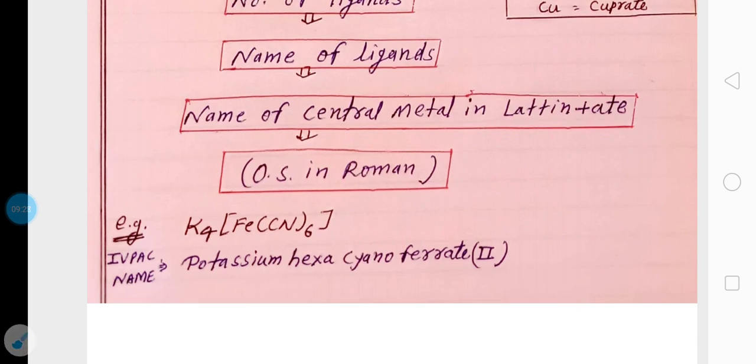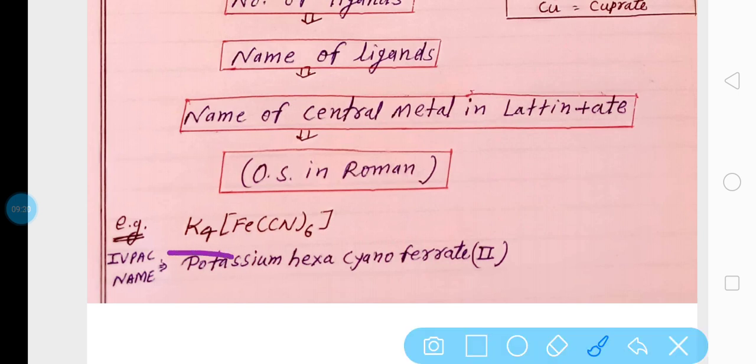K4[Fe(CN)6]. So see here our counter ion is potassium. That's why firstly we have written here potassium, and 4 potassium is there, but we do not count the number of counter ion. We simply write the common name of counter ion. That's why I have written here potassium.